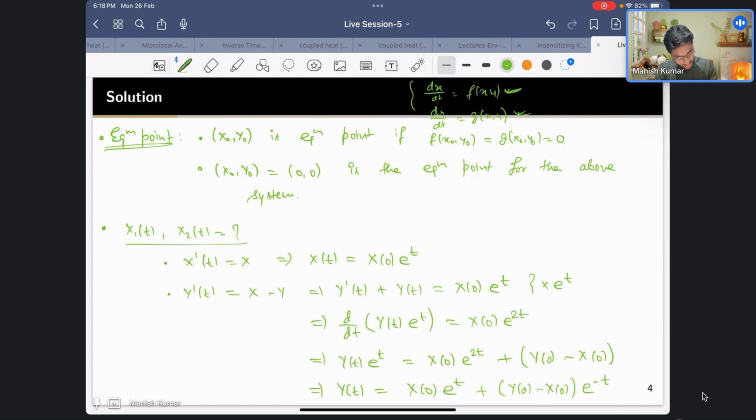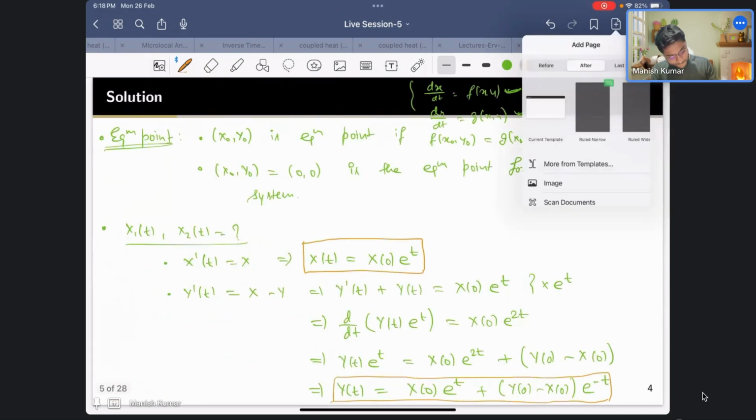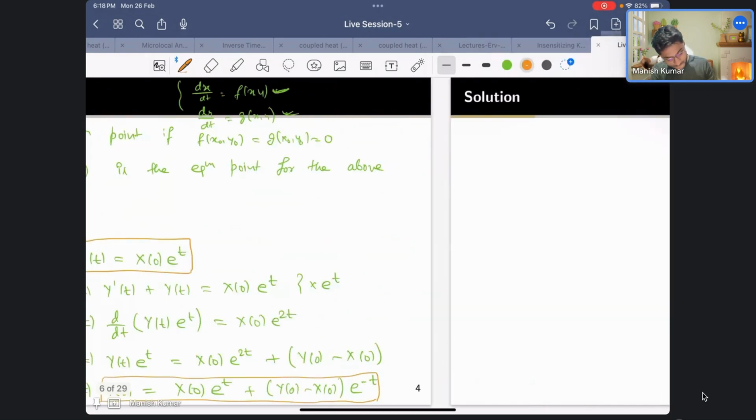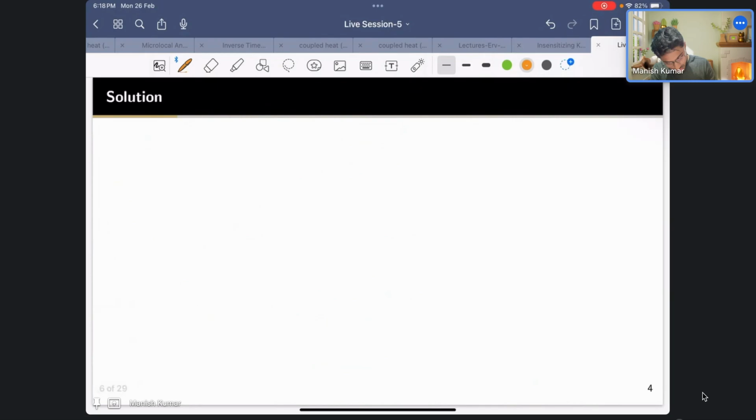Now you have this expression x(t) and you have this y(t). So the solution curve is (t, x(t), y(t)).